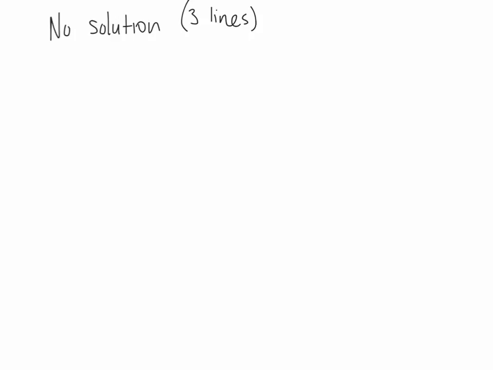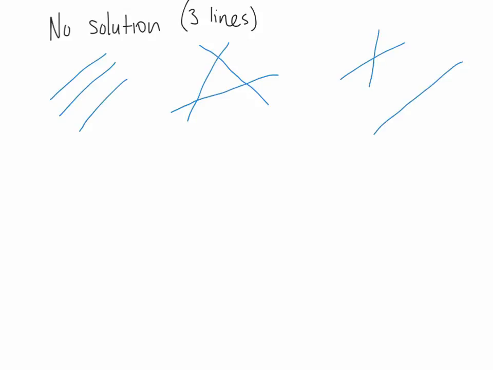For the case of no solutions, we could have that all three lines are parallel. We could have that they all intersect with each other but at different places. Or we could have that two of them intersect and one of them doesn't.